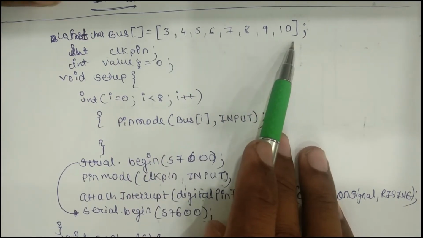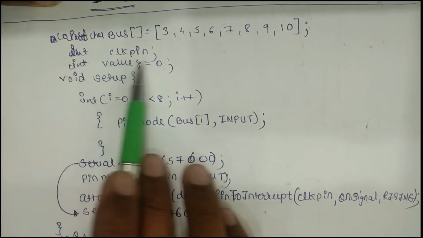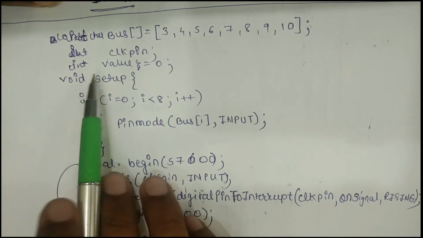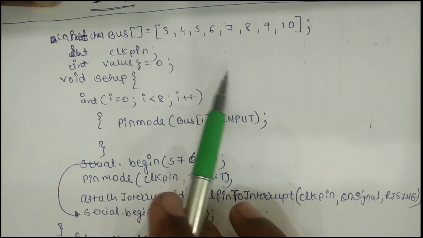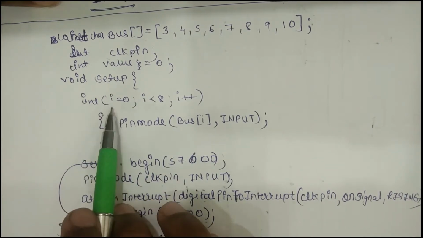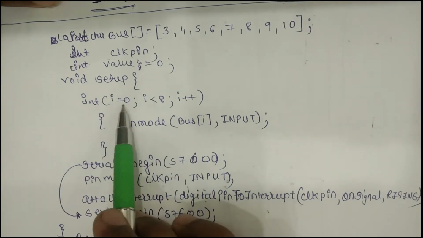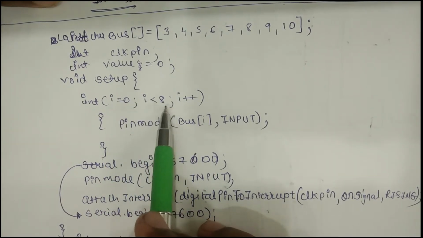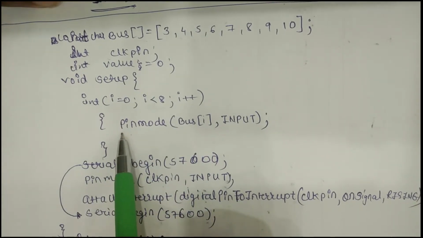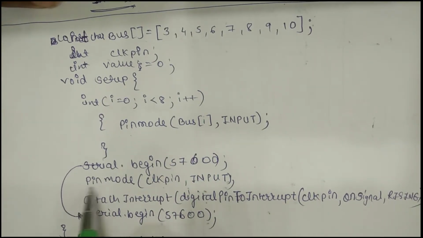We'll also define the input pin as clock, and int value equal to 0 for the value which will be displayed on the display. Then in void setup, int i equal to 0, looping with pinMode of bus[i], while i is less than 8, incrementing after each loop. We'll be defining each pin as an input pin. Then after that we will define the clock pin as an input.